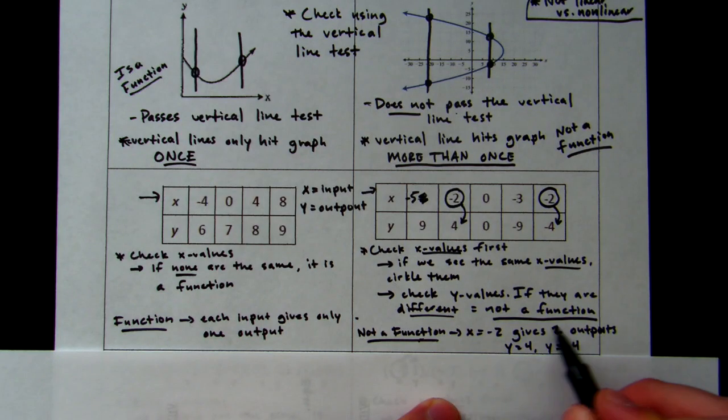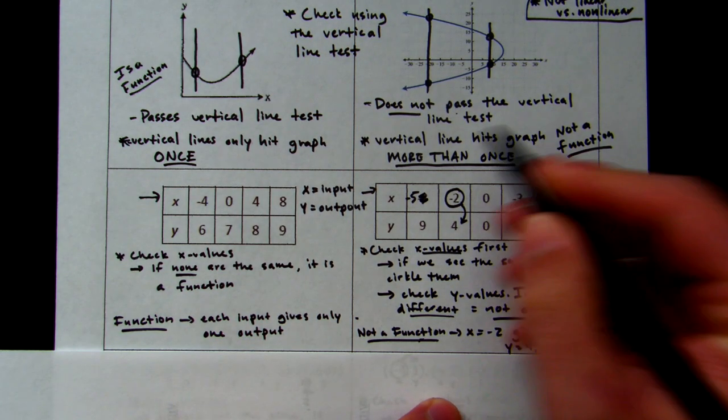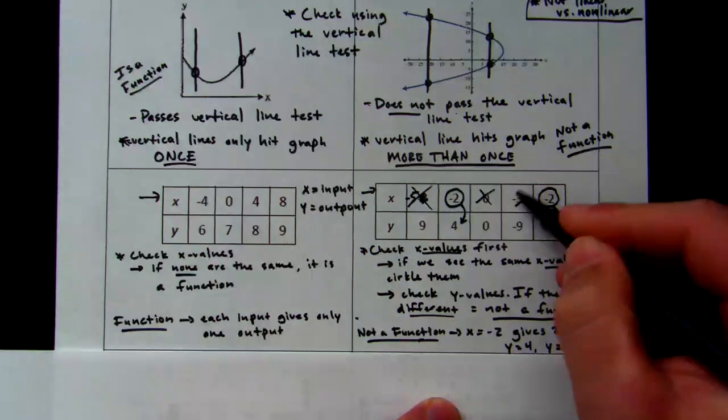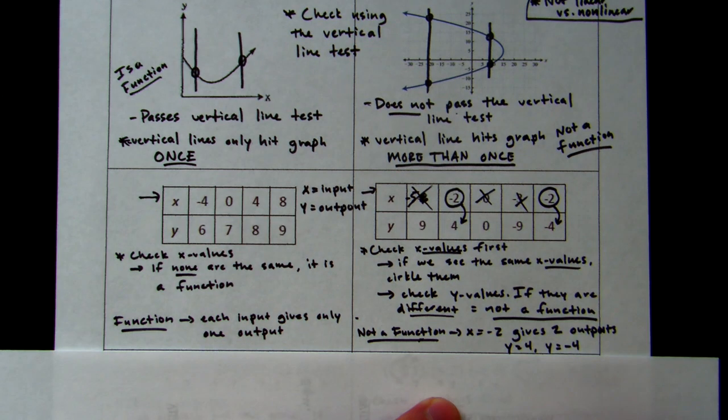If they are different, it is not a function, meaning if my x values that are the same, I don't care about these anymore, if they are the same and they give different y values, it is not a function because the input -2 gives 2 outputs, which is 4 and -4, which means it is not a function.